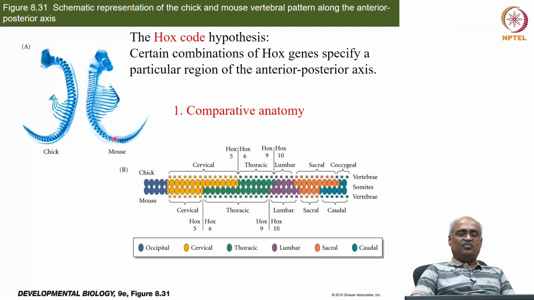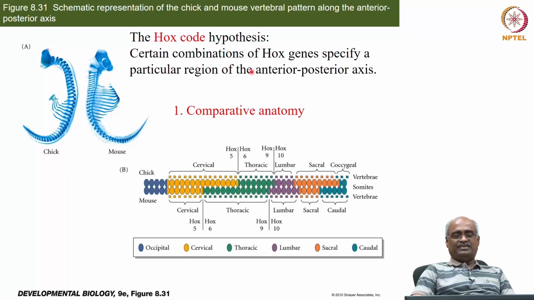Which one is going to be what is determined by the combination of Hox genes expressed in that place. The combination of Hox genes expressed in a given position along the anterior posterior axis specifies what structures are going to form there. They provide the segmental identity for a given position along this axis. That is what the Hox code hypothesis states.